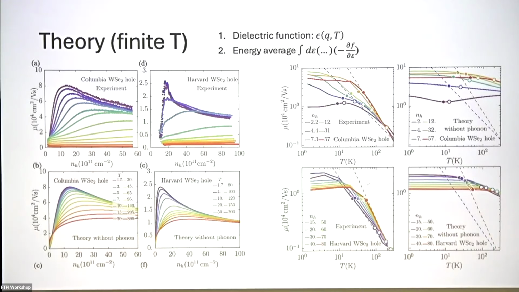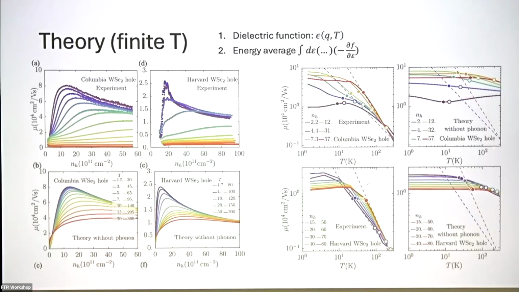The mobility decreases with increasing temperature, and the peaks of the saturation mobility also shift to higher density if you increase the temperature. As you can see, the lowest temperature mobility is quite flat, as indicated by the disorder calculation.